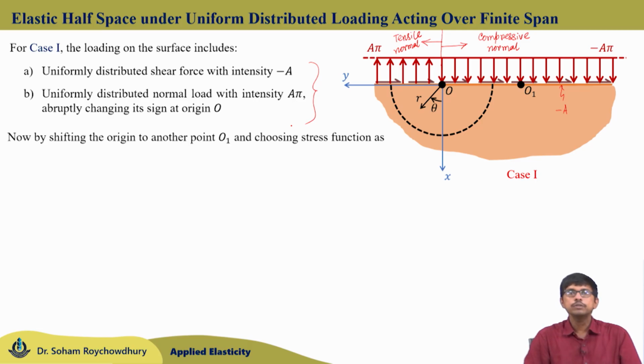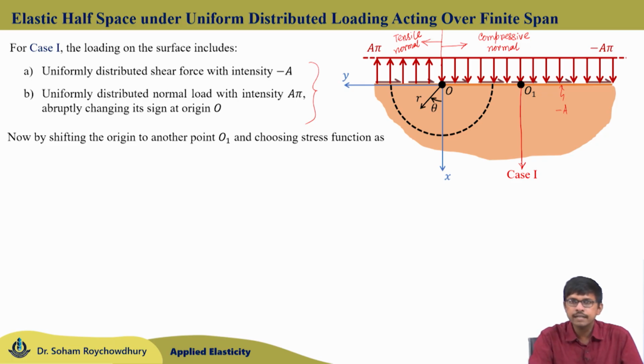Now, coming to the second case, where instead of point O, we choose our origin at some other point O1, the end point of the distributed loading. The distributed loading of intensity P was acting over a finite span of the elastic half space between O and O1. The first case of the solution takes O as the origin, with which we had solved it.